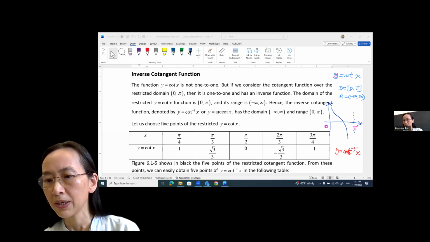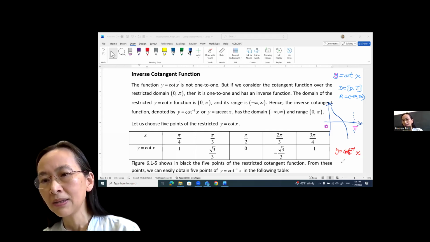We put a -1 on the top right corner. And then we know the domain for the inverse will be the set of all real numbers, and the range for the inverse will be from 0 to pi, open parentheses.